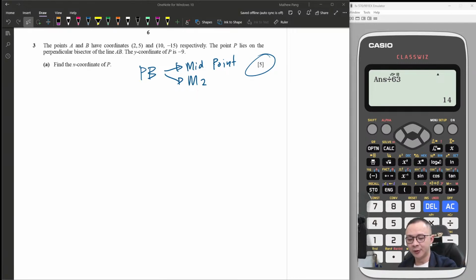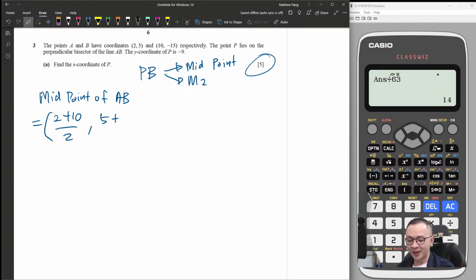Okay, so in order to find the midpoint, I will just do this. So midpoint of AB is basically (x plus x) over 2 and then (y plus y) over 2. So this one is 6, this one is 5. Then I need to find the M2.